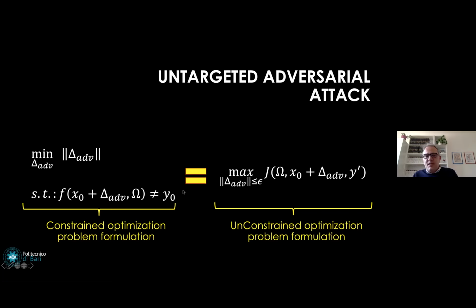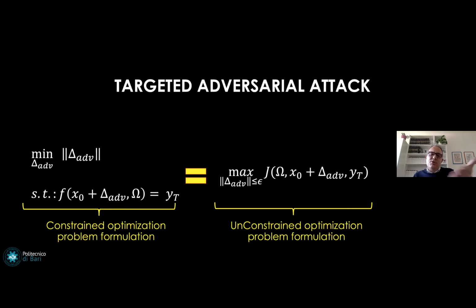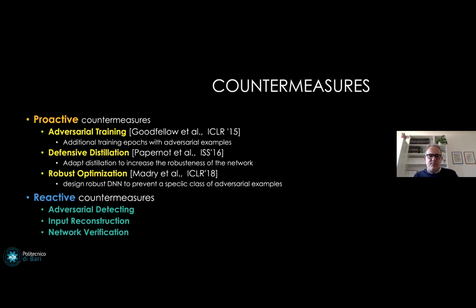This can be formulated as a constrained optimization problem or as an unconstrained optimization problem. These two formulations are equivalent. Of course, we also have the targeted adversarial version, where the label is specified by the attacker, and also in this case we can have the constrained version and the unconstrained version.